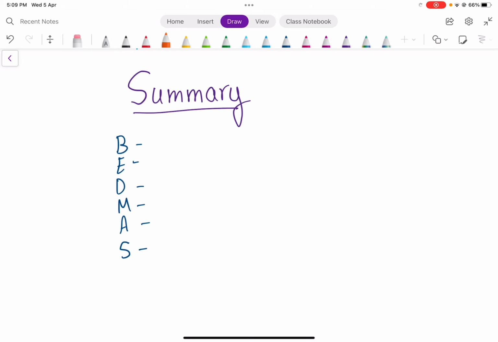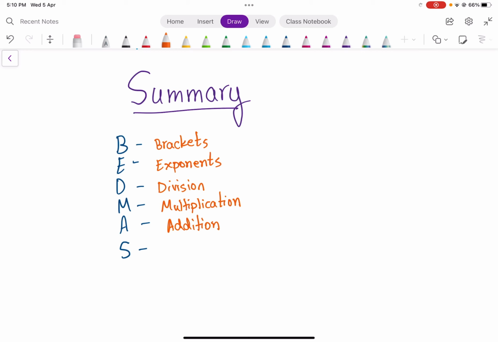So, as we went through, the B stands for brackets, exponents, division, multiplication, addition, and finally, subtraction.